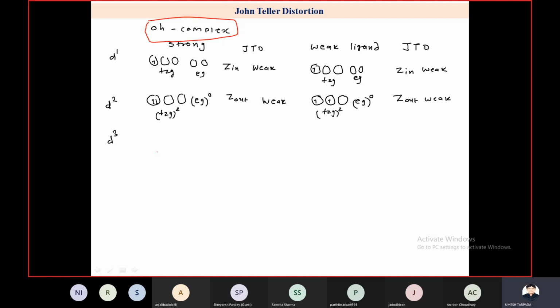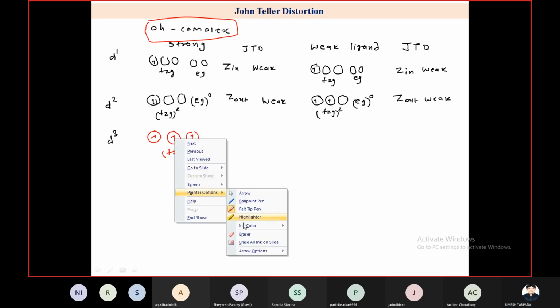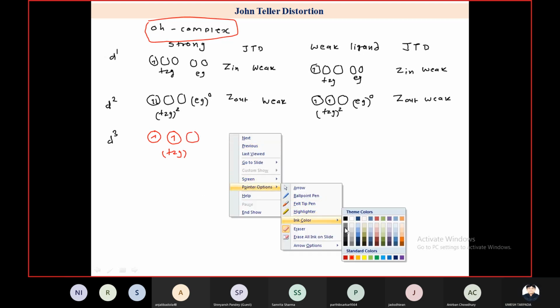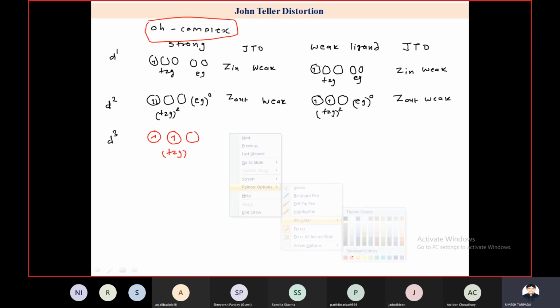So what about the D3 configuration? It is half filled, T2G3. Sorry, this is not correct, because here I have written electrons with high spin that remain unpaired, but you want electrons in pairs. So this is the correct one. It is T2G3 EG0.